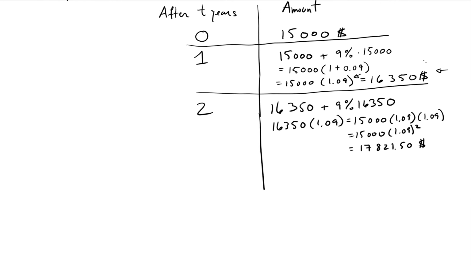Okay, and again, we can start repeating this for year 3. Year 3, it's going to be the amount you had at the end of year 2 plus 9%.